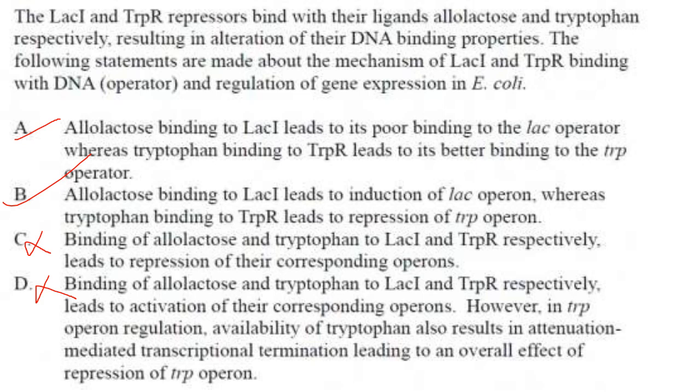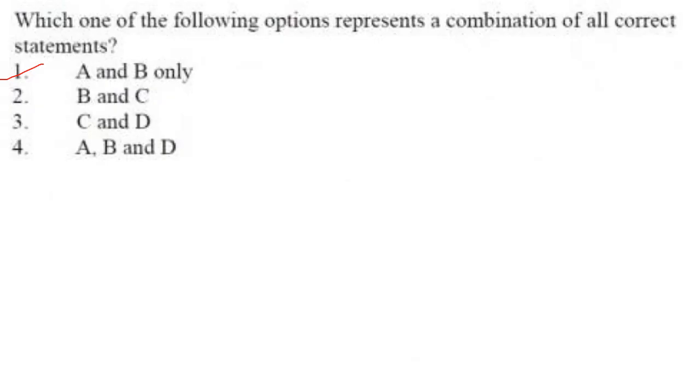Binding of allolactose and tryptophan to LacI and TrpR respectively leads to activation of their corresponding operons. That is also not correct. It is not activation. One is induction and the other is repression. The answer is option 1, A and B only.